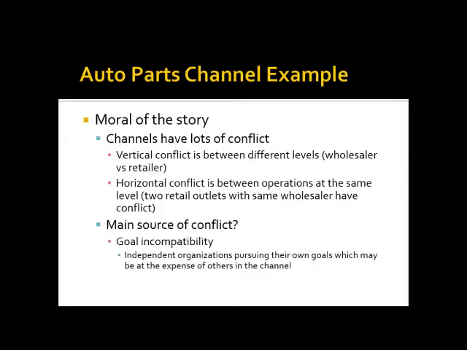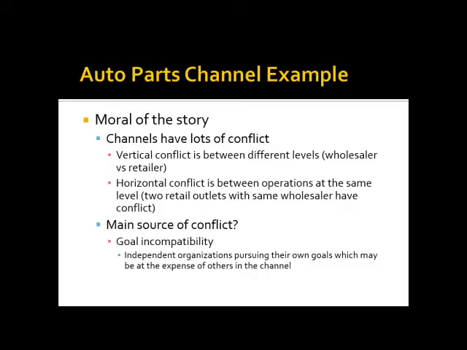Horizontal conflict is often at the same level. For example, a wholesaler might sell to two different retailers and have an agreement between them that they're not going to sell to customers in each other's territory. When one of them decides that that's not really fair and goes into the other's territory, that creates conflict.